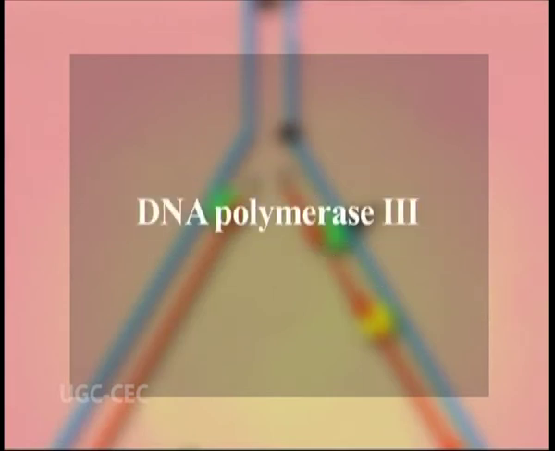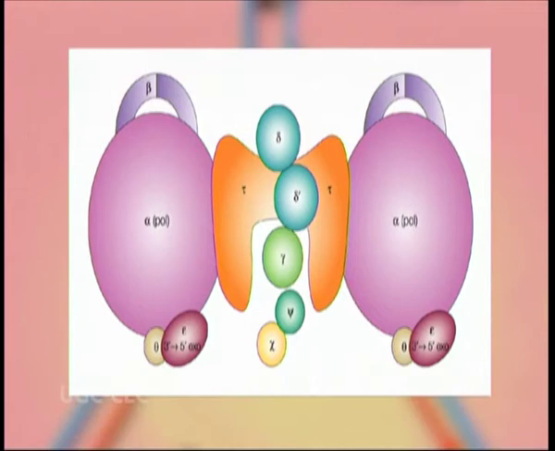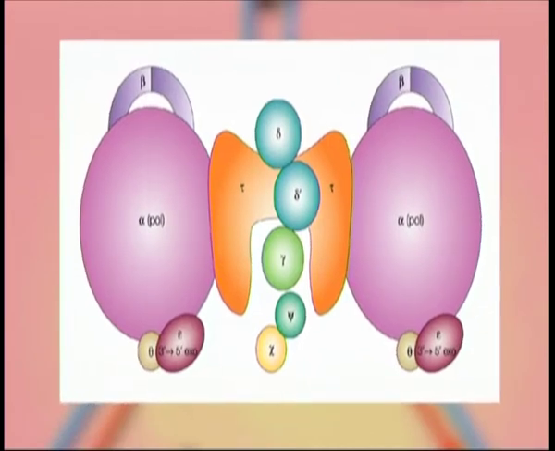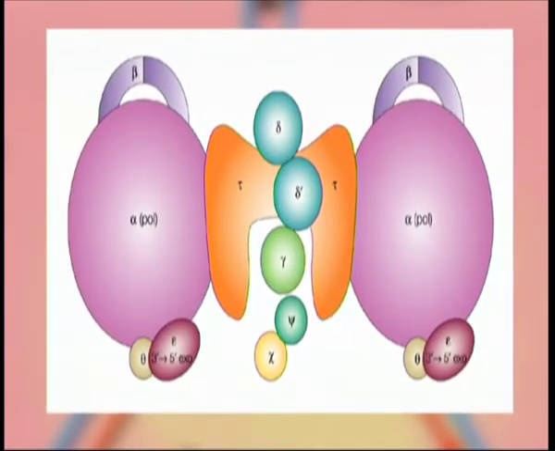DNA polymerase 3. DNA polymerase 3 is a hetero-multimeric enzyme with a molecular mass of about 900 kD in its complex or holoenzyme form.